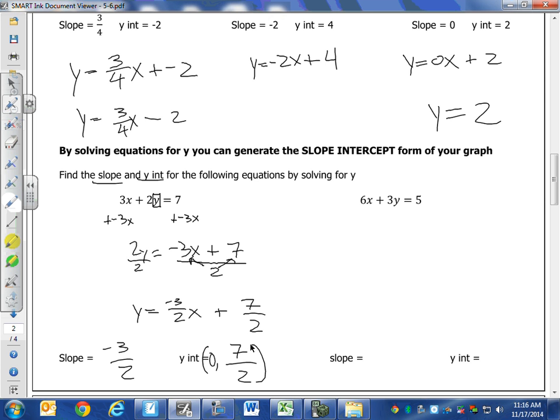Let's do the second one. Figure out what the slope and the y-intercept of that 6x plus 3y equals 5 equation is.